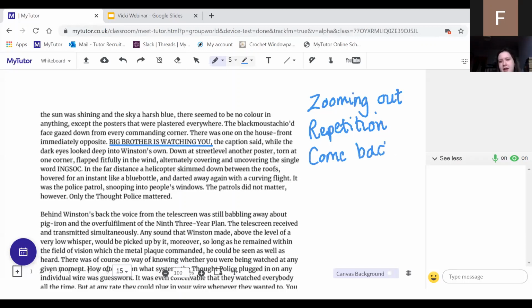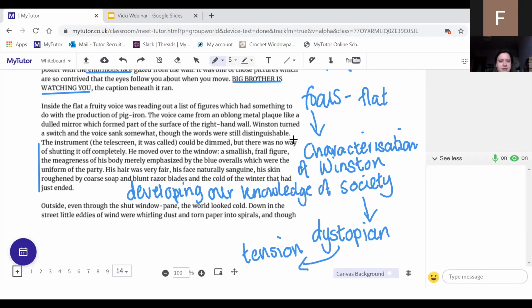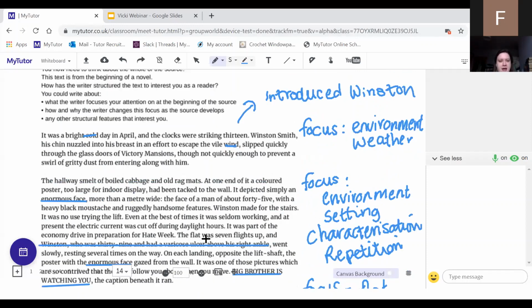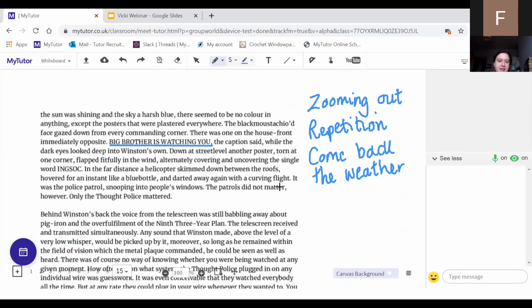So I think this paragraph and the first paragraph are quite similar, in that these two here, first and second, are covering the same sort of themes and ideas. They're coming back again. Right, and then we're continuing our understanding. So the focus is on, I suppose, the wider world or area.